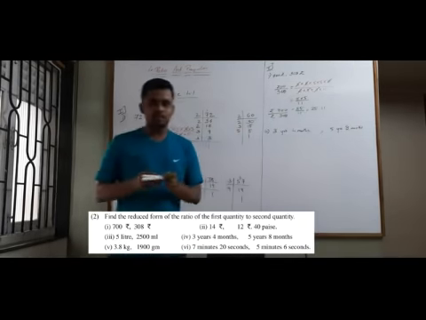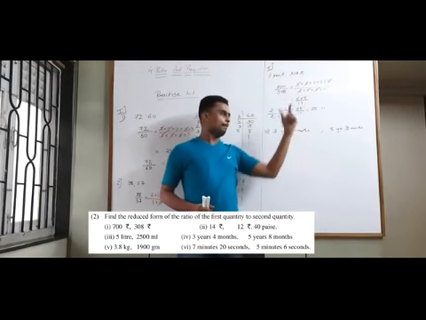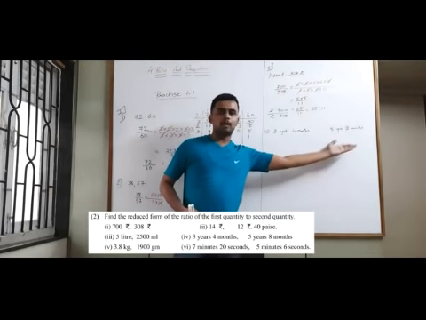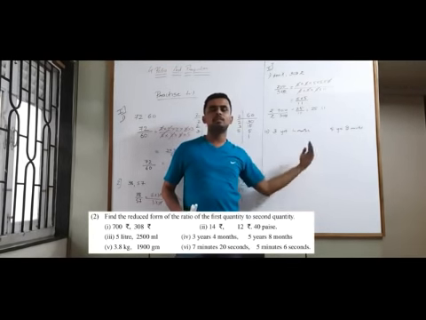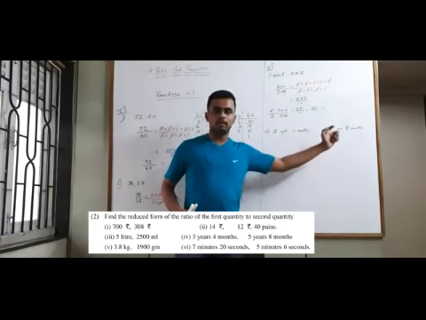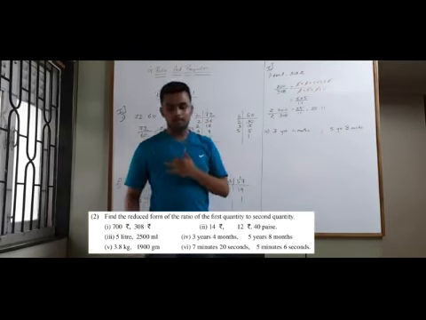In the previous question the units were the same, but here the units are different, years and months. I have to bring all the numbers to the smaller unit, that is months. Years is a bigger value, months is a smaller value. So I will be converting these numbers into months.